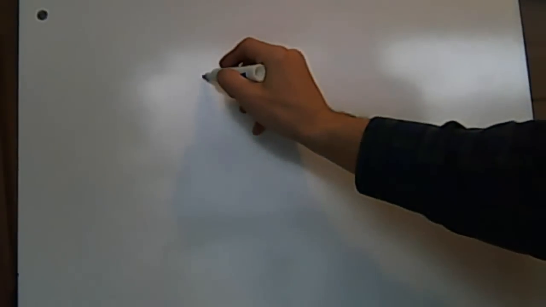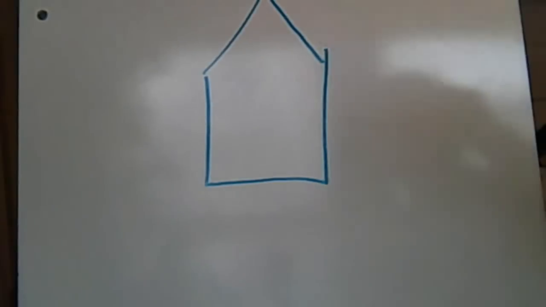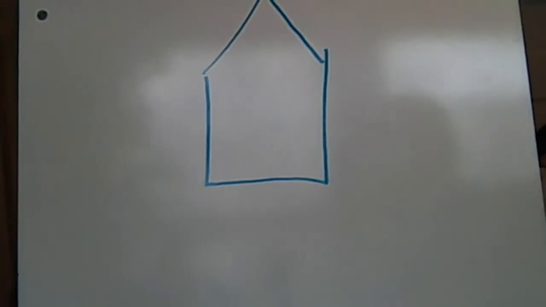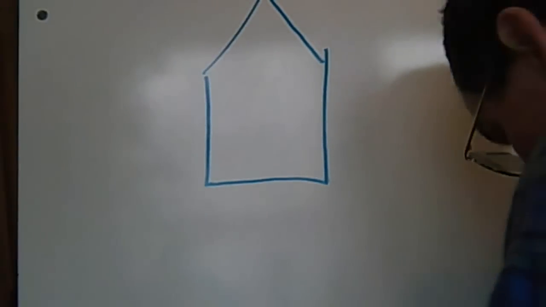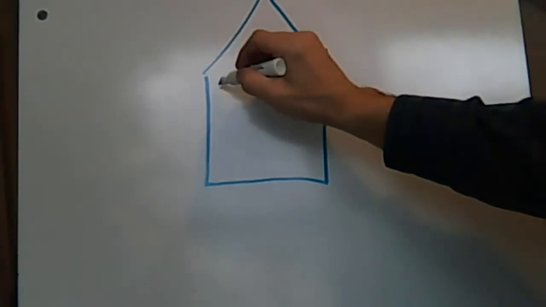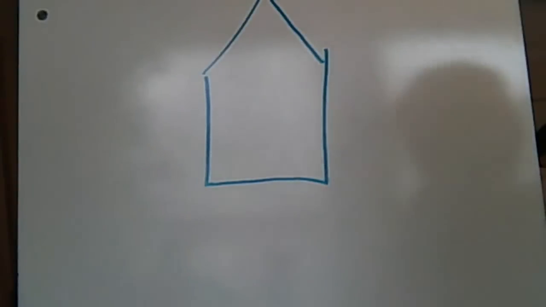Good boy. Okay, so the most pentagons that people will be used to will be this kind of pentagon. The house. This is a pentagon because it has 5 sides. It's not a regular pentagon because all of the angles are not equal to each other, and the sides may not be equal to each other.